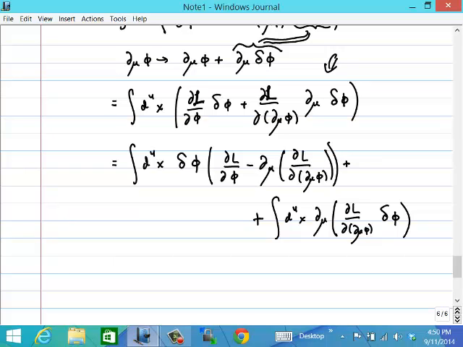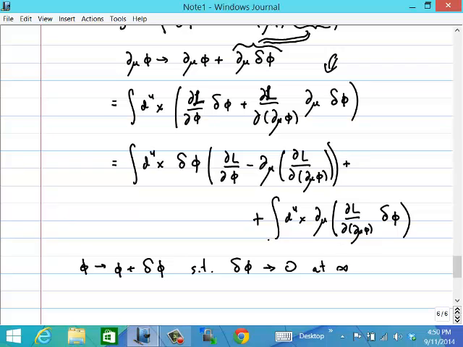So now we want to do two things. The first thing that we want to do is think about the sorts of field variations that we're considering. So I'm going to imagine that we're considering a variation of our field configuration phi such that delta phi vanishes sufficiently quickly at infinity. Okay. Why do I do that?